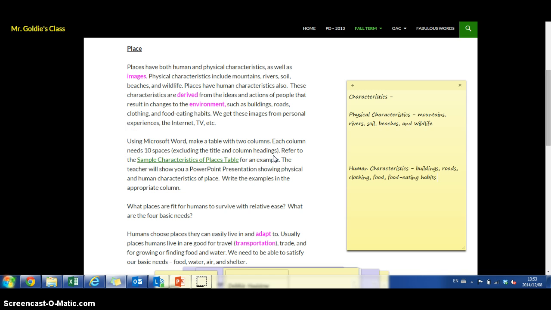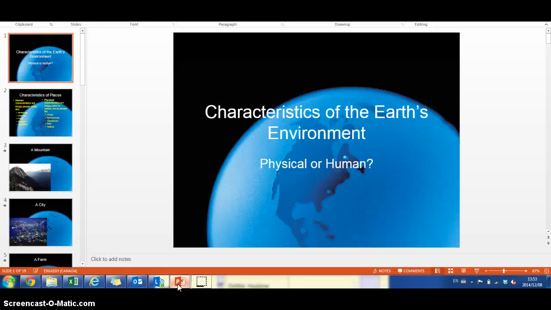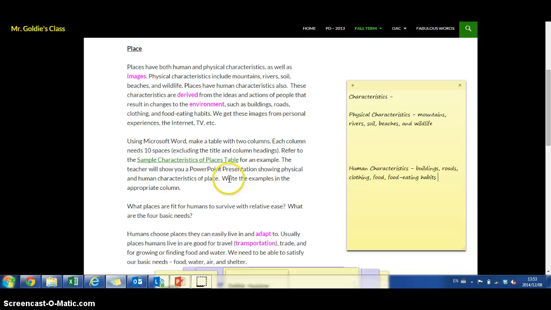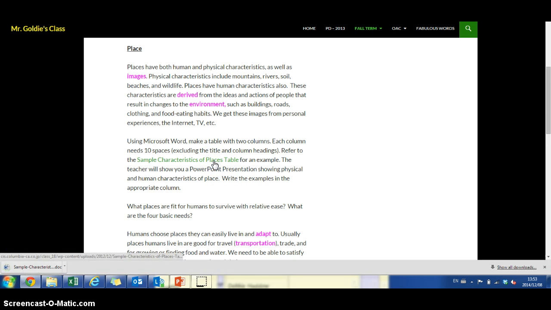So what we're going to do next is we're going to use a PowerPoint presentation, this one, and I would like you to create your own table like this one.